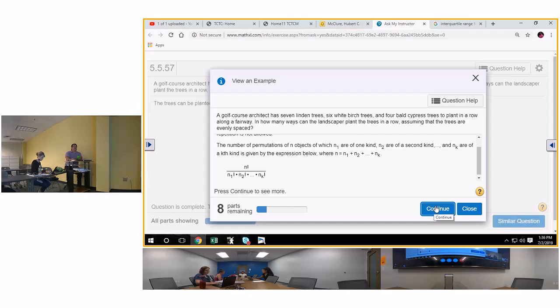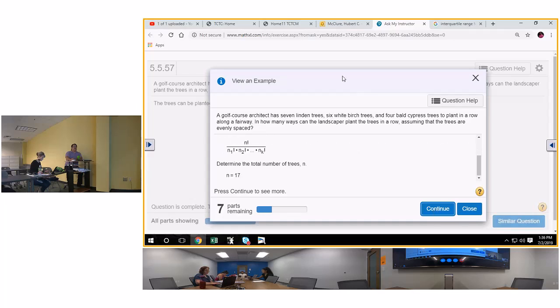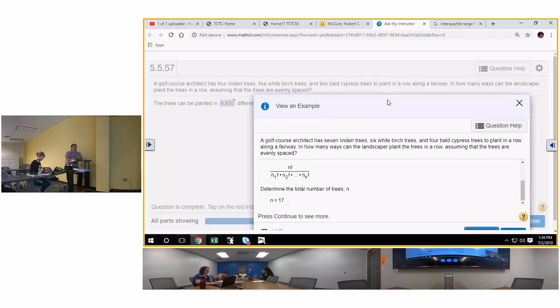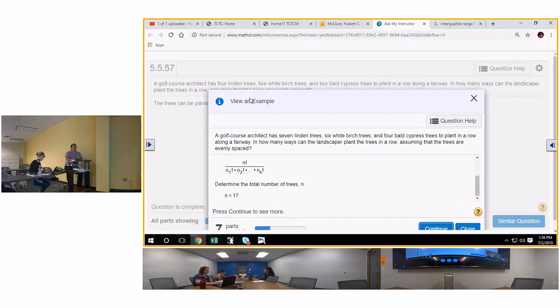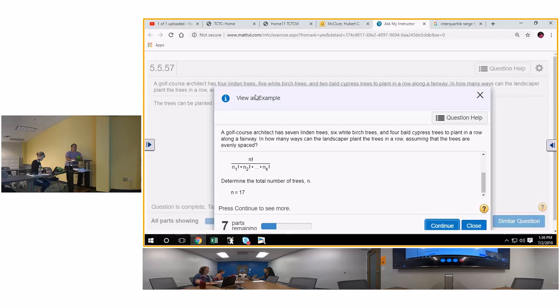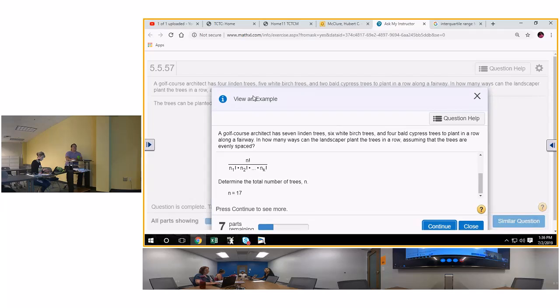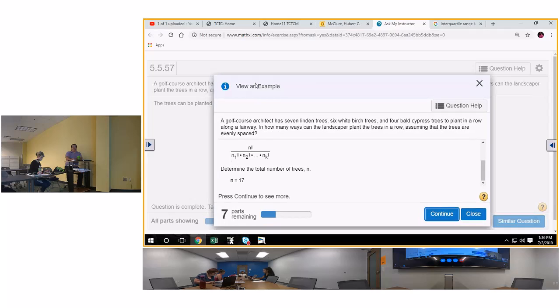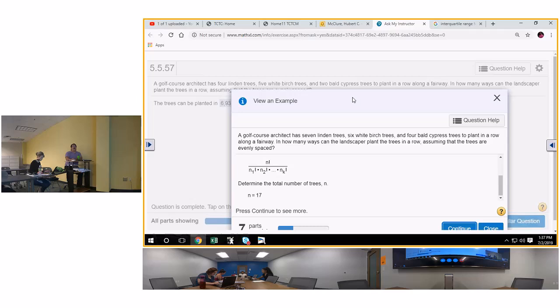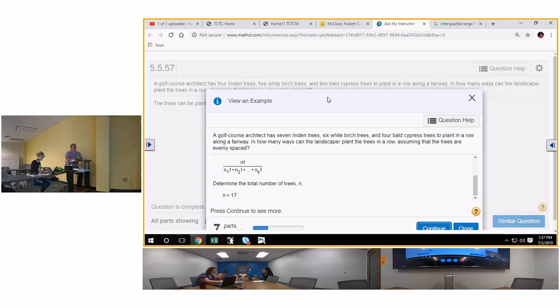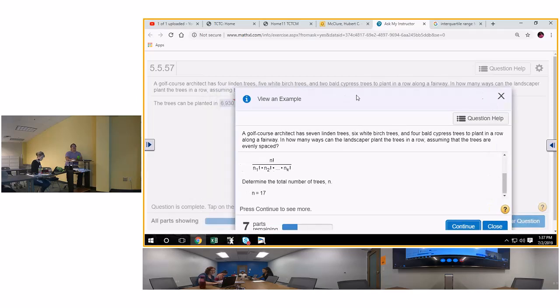And since you got 2 or 3 that's repeating, you're going to have the 2 that's repeating. Let's see, how many we got? We got 5, 2, and 4. So what's 4 plus 5 plus 2? 6 and 5 is 11, so that's going to be 11 factorial. And then you're going to have 4 that's repeating. So that's going to be 4 factorial, 5 factorial, and 2 factorial probably.